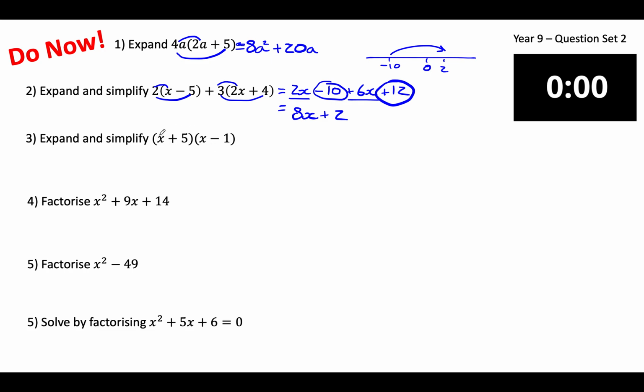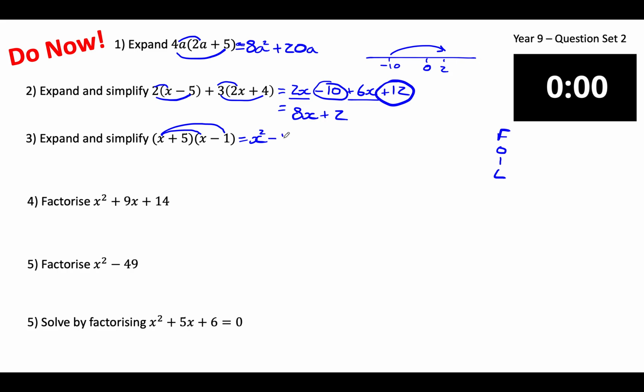Expand and simplify here. Now, lots of people like to use FOIL for this. So firsts, outers, inners, lasts. First, multiply together the first thing in each bracket, the x times the x, which is x squared. Then the O, which is outers, the things furthest apart. So x times minus 1.